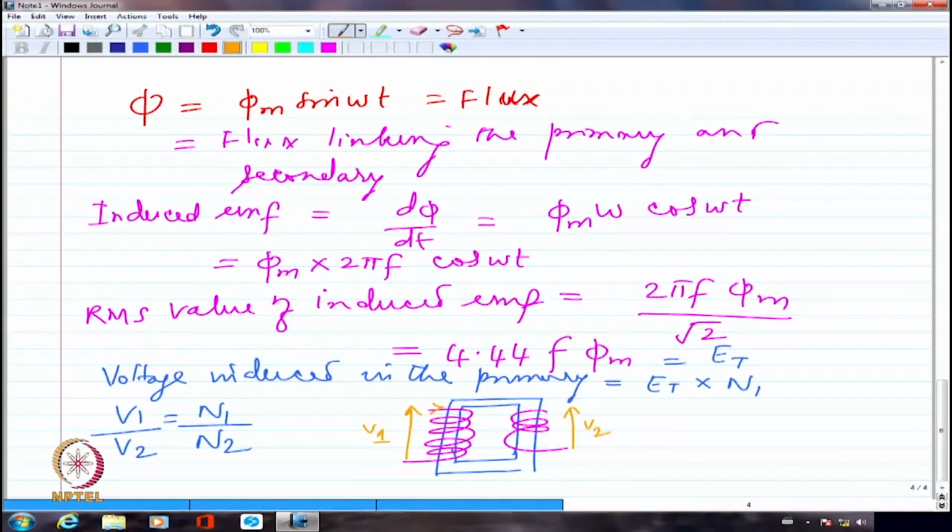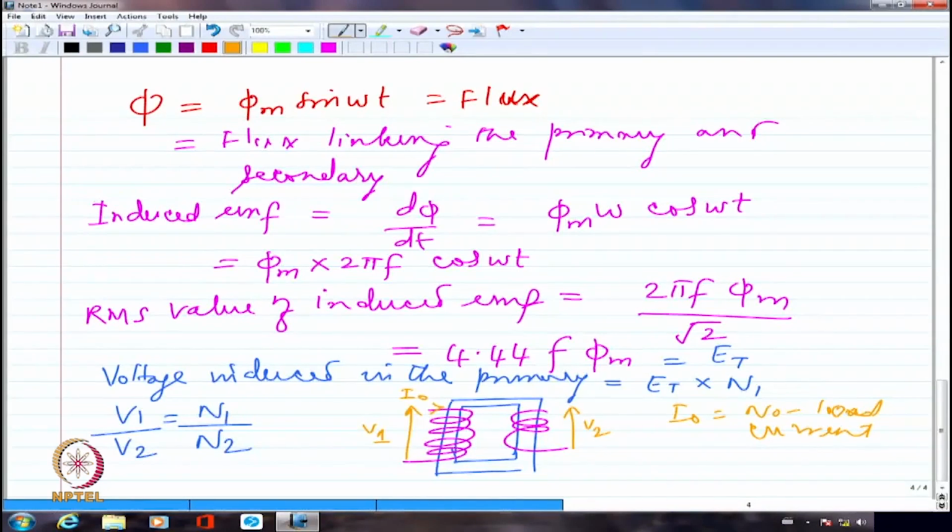When there is no load connected to the transformer, I call this current I0 the no load current. So I0 is the no load current of a transformer, and that will be really small because of the high permeability of your ferromagnetic core.